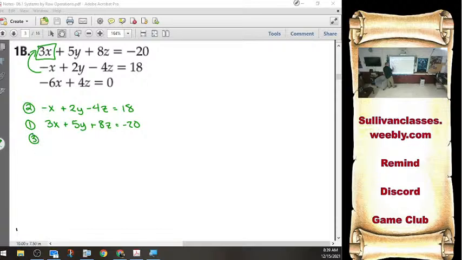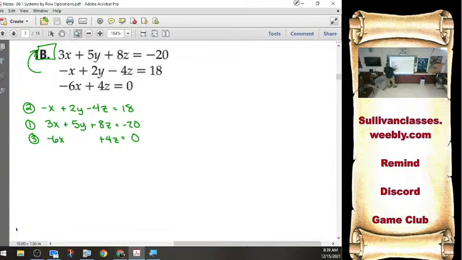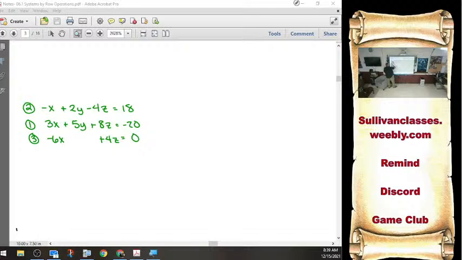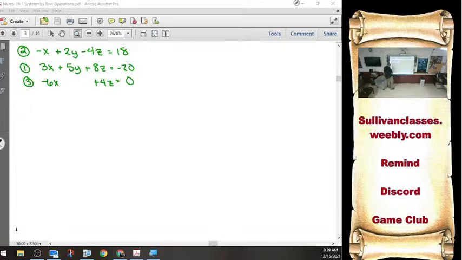And equation 3 is negative 6x plus 4z. Okay, so that's how I'm going to start my problem when I first write it on my paper.